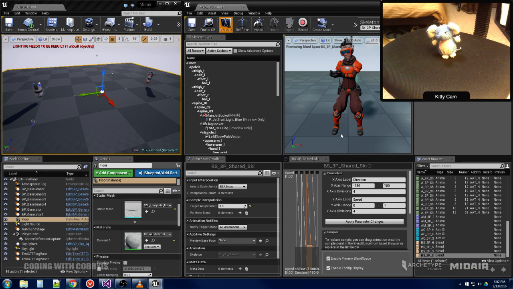So right now we have a shared ski blend space. Shared in this case means that all the characters can share this animation. They can override it, and it will blend between multiple directions, which I'll show in a sec.